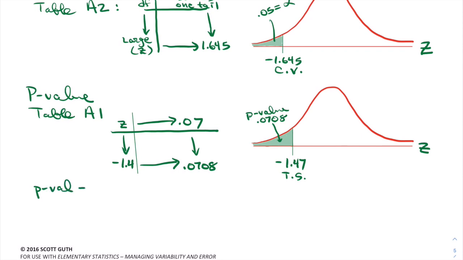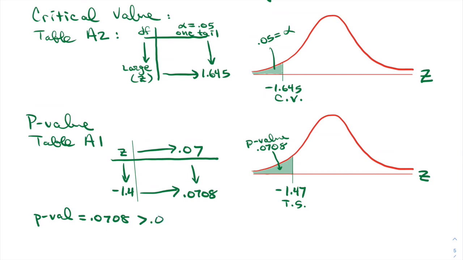So the p-value is 0.0708, which is bigger than, I think alpha was 0.05, yeah? Which means we reject the null hypothesis. Sorry, we fail to reject when it's larger. And don't support the alternative.